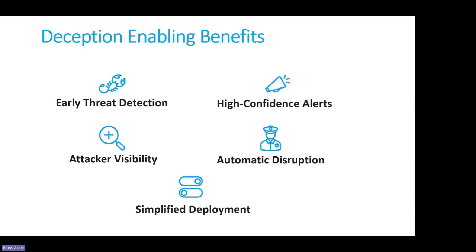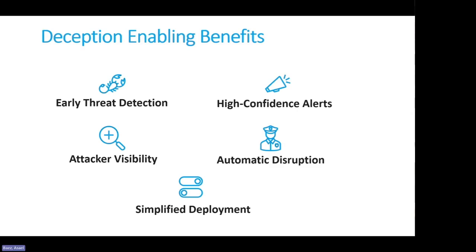So we get attacker visibility, so we'll be able to see exactly what they're doing and the things they're trying to do with that fake server or account, and then from there assess what needs to happen next. We could prevent disruption to production systems by using those fake devices that we have.